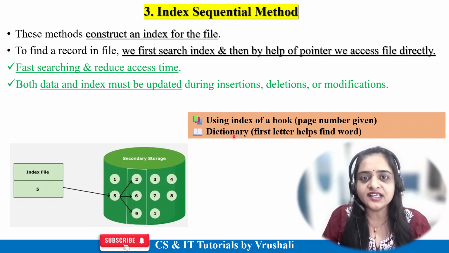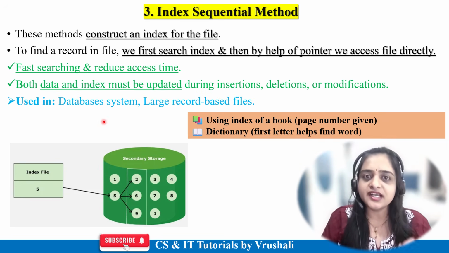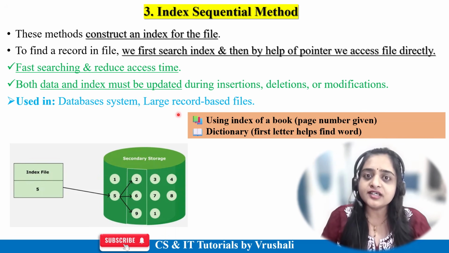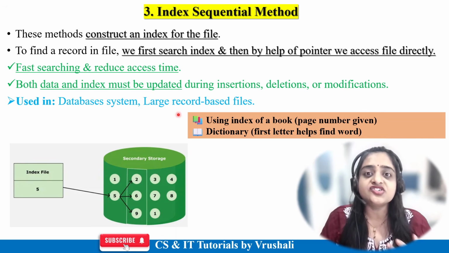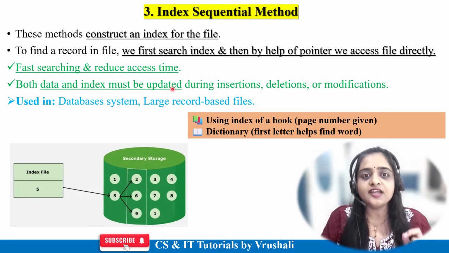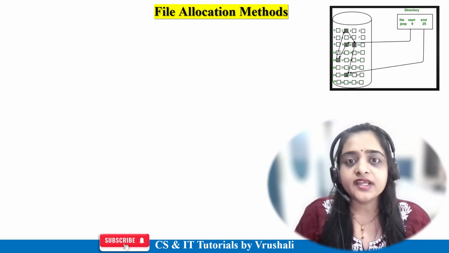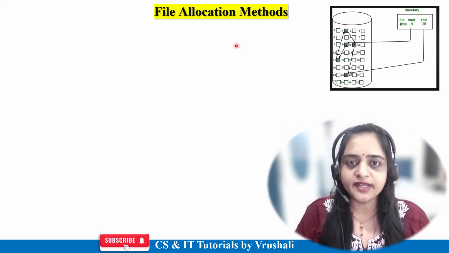Again, in a dictionary, the index sequential method is also used to find a particular word as per the alphabet. So this index sequential method is generally used in database systems and also in large record based files. If a large amount of data is stored, whether it is structured data, at that time the index sequential method is used. Now the next topic is file allocation methods.